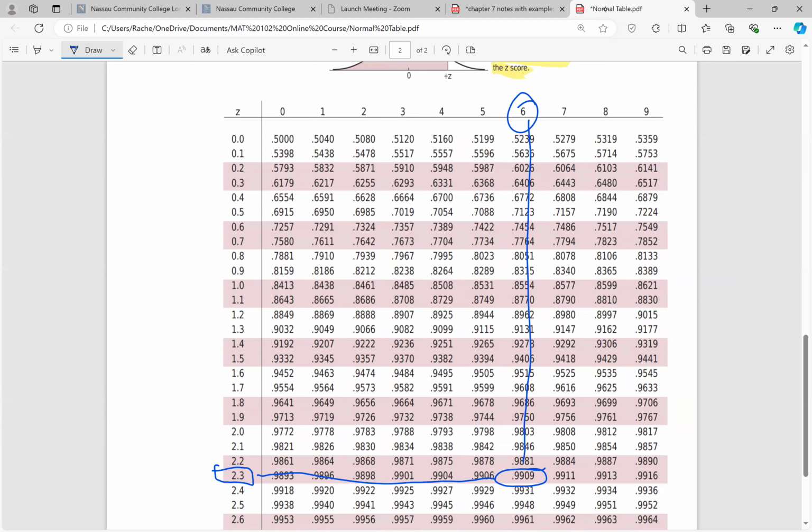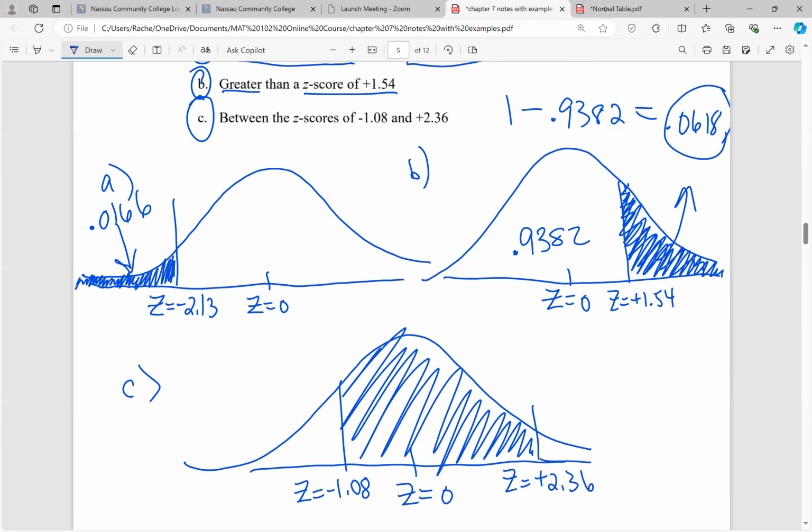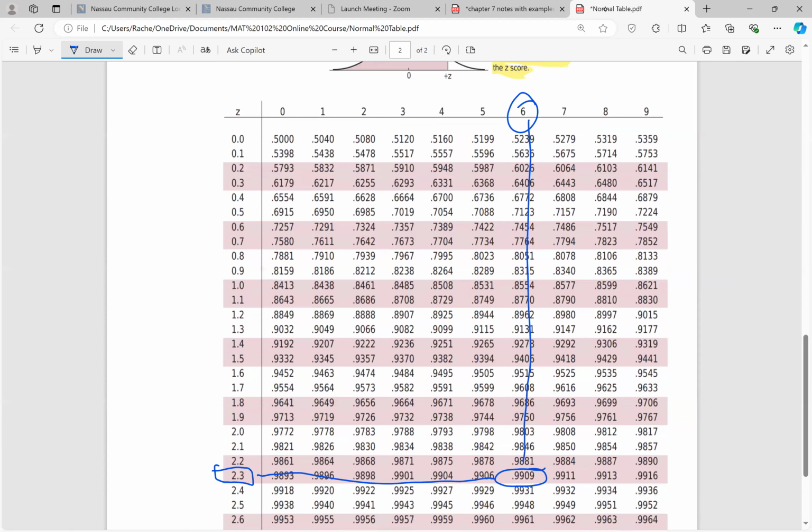And we get 0.9909. So we take the area to the left of the larger z-score. And now what we're going to do is subtract the area to the left of the smaller z-score. So now look up the smaller z-score, which is the negative 1.08.